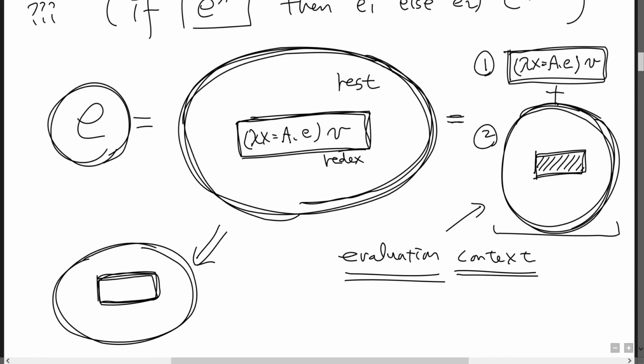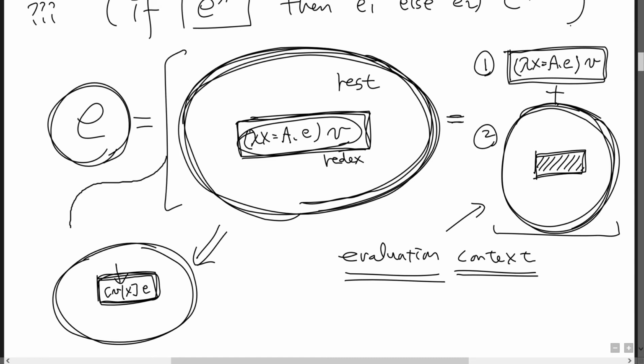We are going to reduce the red x, and then put the result of the beta reduction here. So the result is phi for x in expression E. So in the course of reducing the whole expression E, this one now reduced to this one, we only modified the red x.